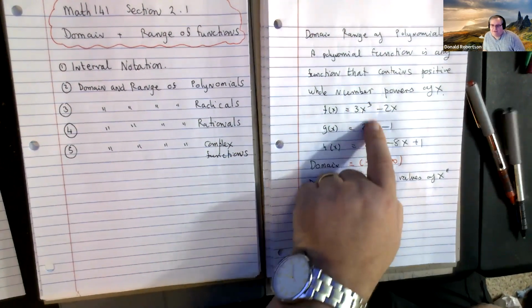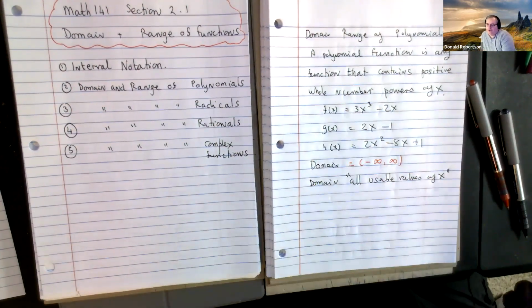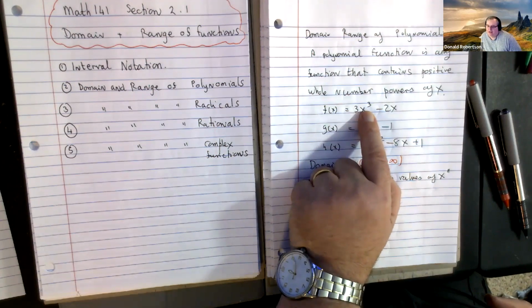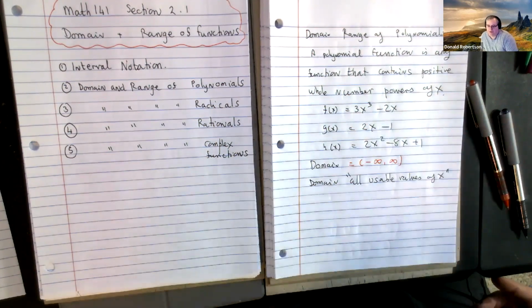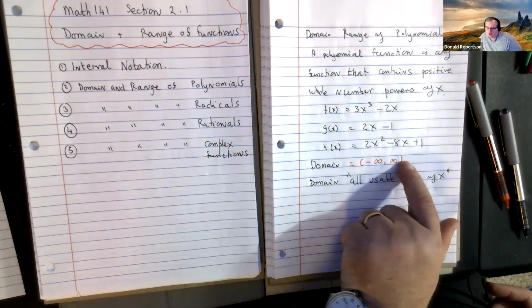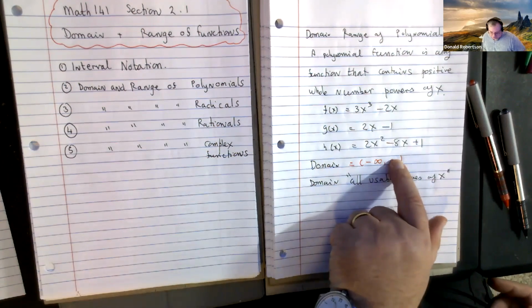Now, if you look at any of these functions, you could put in any value of x you like, right? It's usable, and you'd be able to get an answer if at least you used a calculator, right? You plug it in here, it would work. Plug it in here, it would work. Plug in x is 42, it would work. The domain is all real numbers.